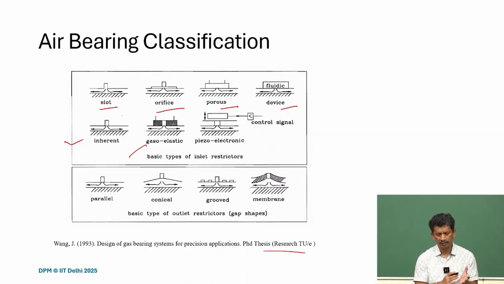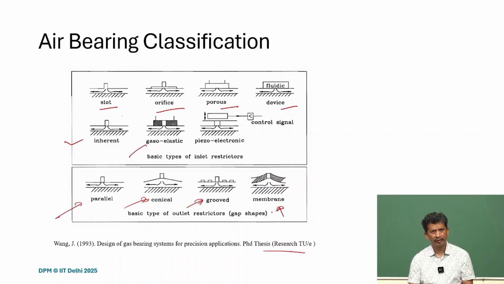So, we can get aeroelastic kind of behavior. Even the air film has elasticity, and how we can make use of those phenomena is very interesting. At the same time, one has to really understand how it works. And of course, you have parallel surfaces, conical, groove or even membrane. So, different kinds of bearing configurations.